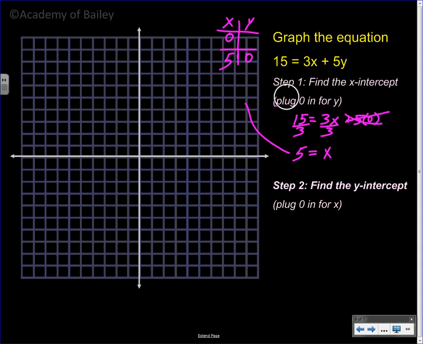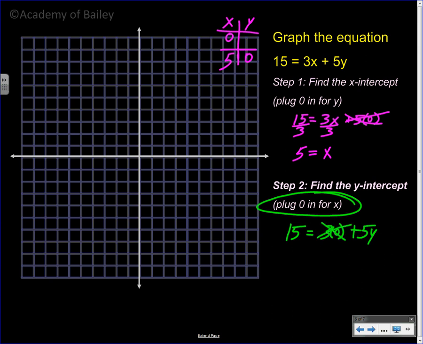All right. Now let's go ahead and move on down and find the y-intercept. You plug 0 in for x. So find the y-intercept. We have 15, which is equal to 3 times 0 plus 5y. 3 times 0 is 0.